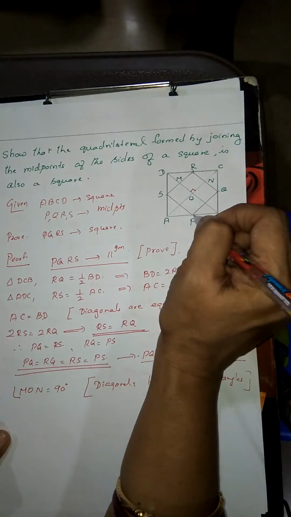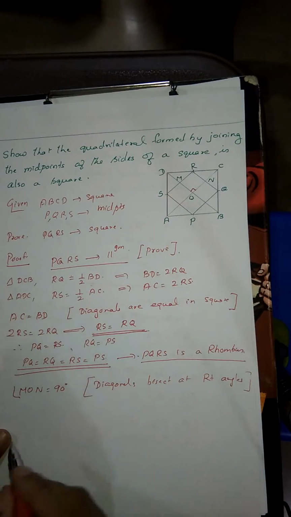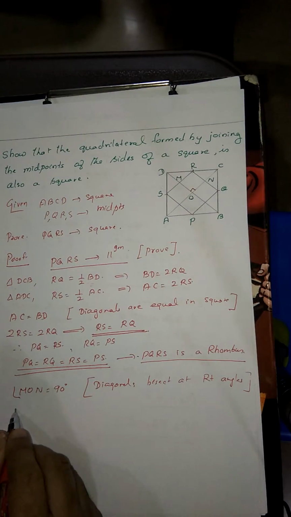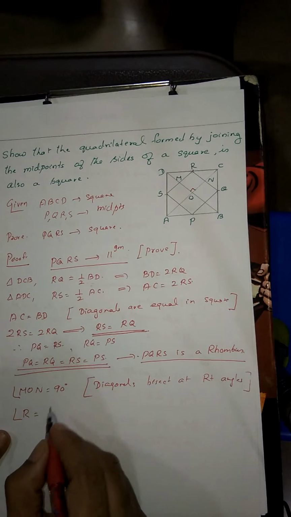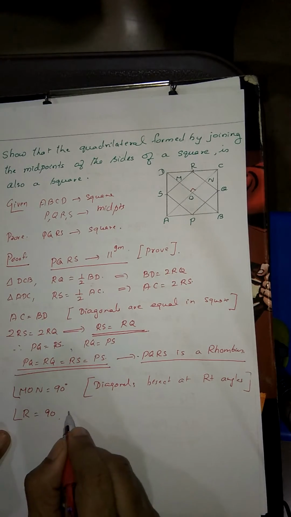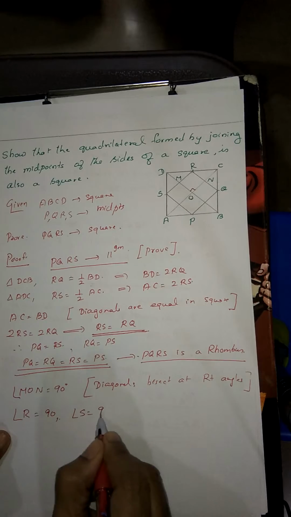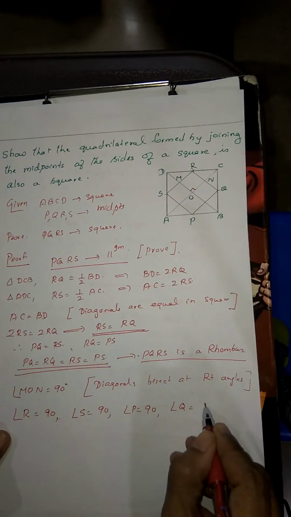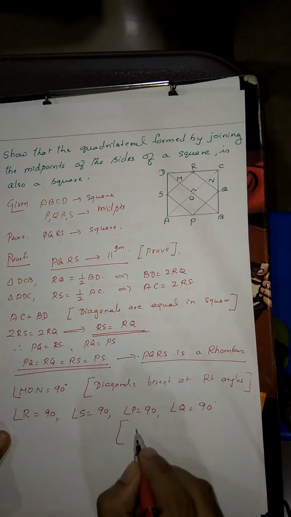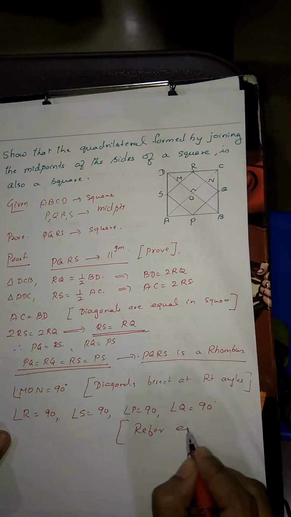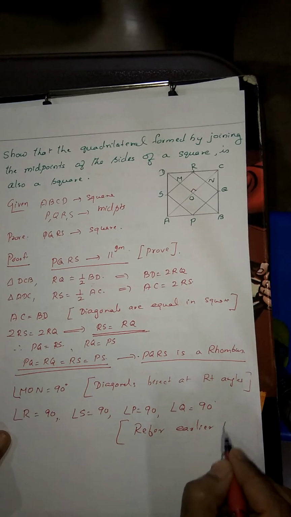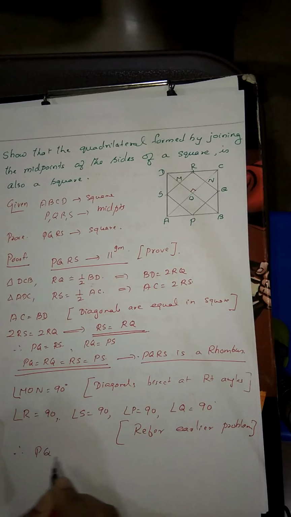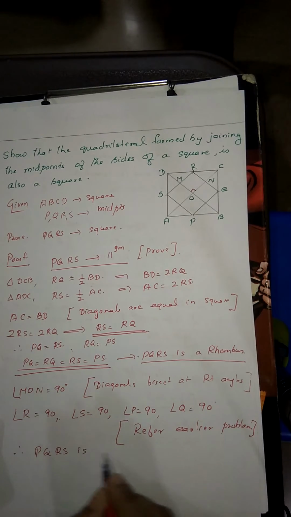Now we can prove R, S, P and Q are 90 degrees. You can refer to the earlier problems and try to prove that. So now angle R is equal to 90, angle S is equal to 90, angle P equal to 90 and angle Q is equal to 90. Therefore, PQRS is a square.